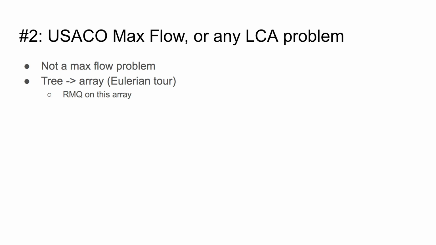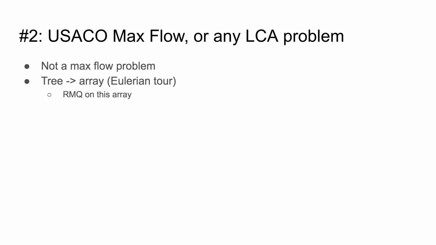The idea is that you can take Use-to-kill max flow, or any LCA, lowest common ancestor, problem. Use-to-kill max flow is not a max flow problem. It's kind of a misnomer. The idea is that we're going to take an arbitrary tree and decompose it into an array using an Euler tour. An Euler tour is basically a pre-order traversal and then a post-order traversal that gets you a list of nodes.